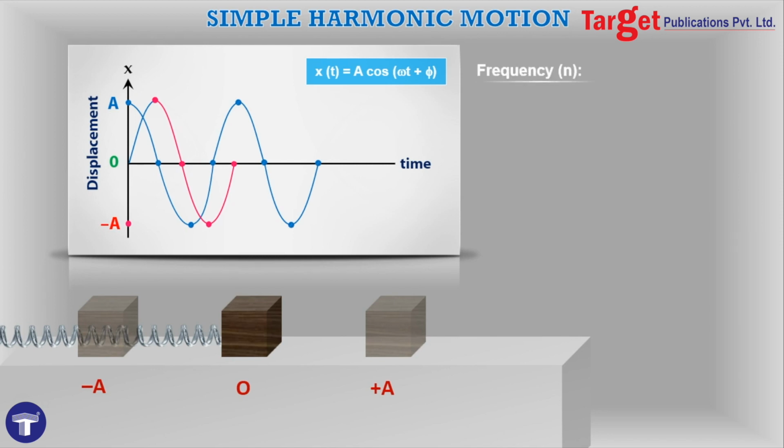From time period, it is very simple to write down the frequency, which is nothing but the reciprocal of time period, and therefore frequency is 1/T, which is ω/2π, equal to (1/2π)√(k/m), equal to (1/2π)√(a/x). So these are the different concepts related to simple harmonic motion.